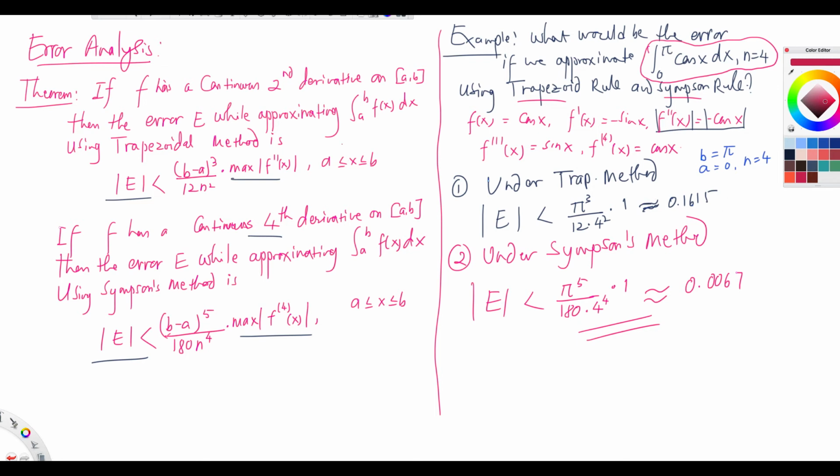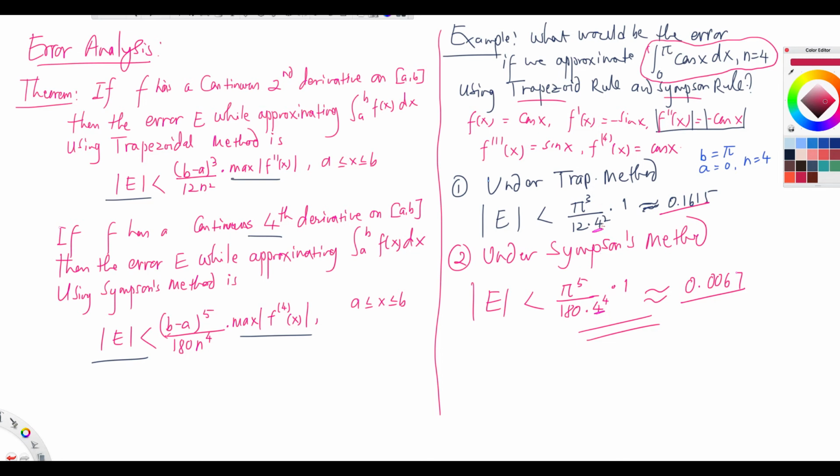Okay, guys. So the next example I want to do is, if you want to make the error smaller than a certain number, how many terms should you take? Because you see that this error depends on n. We used n equals 4 here on both of these.